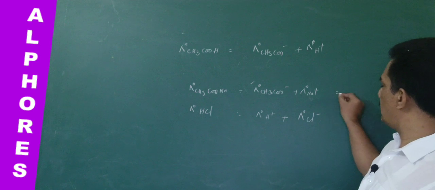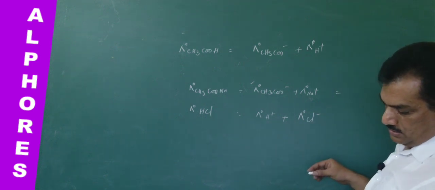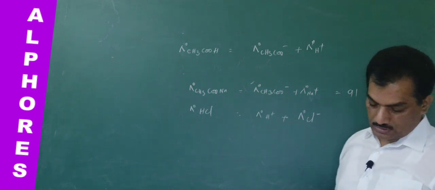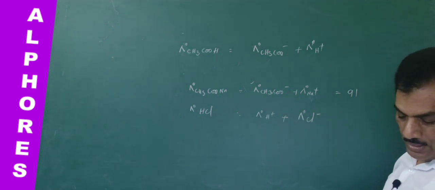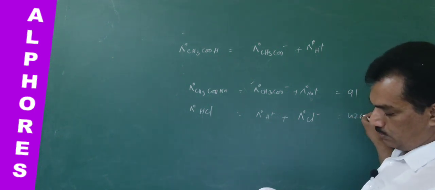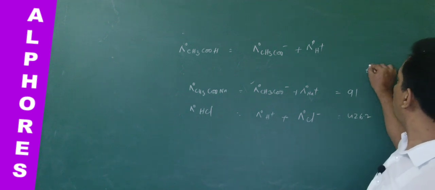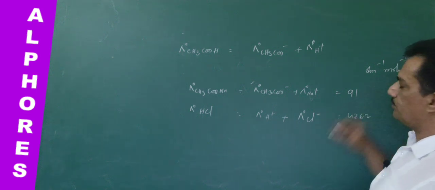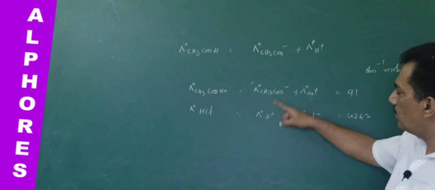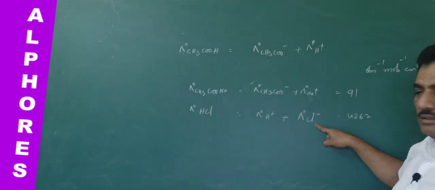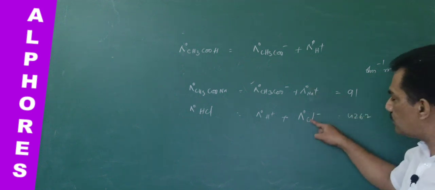The sodium acetate ionic conductance is given as 91 ohm inverse mole inverse centimeter square, and for HCl it is given as 426.2 ohm inverse mole inverse centimeter square, this is the unit, you remember. So in addition to what we require, these two unnecessary ones are given. So we have to subtract these two.